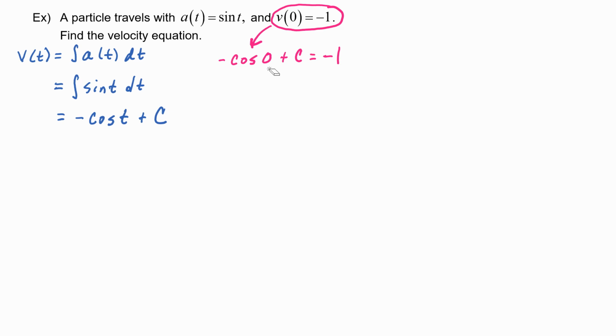Cosine of 0 is 1, so we have negative 1 plus c is equal to negative 1, which means c is equal to 0. So if c is 0, then that means our velocity equation, v of t, is equal to negative cosine t.